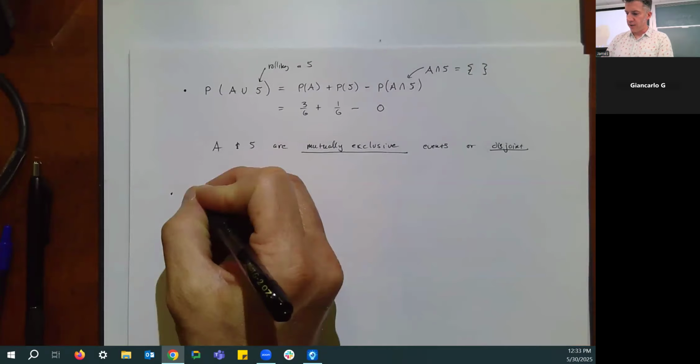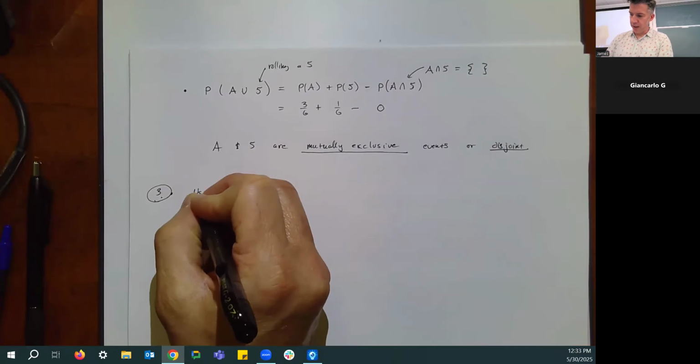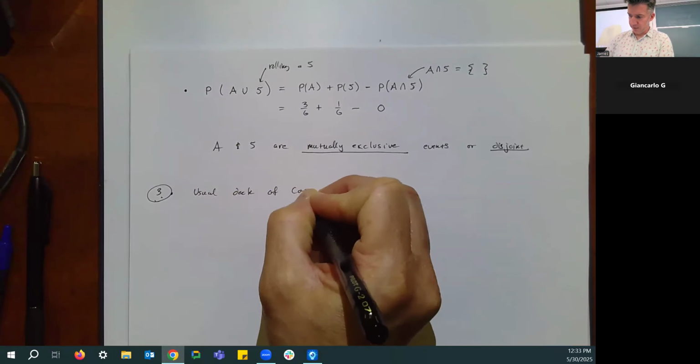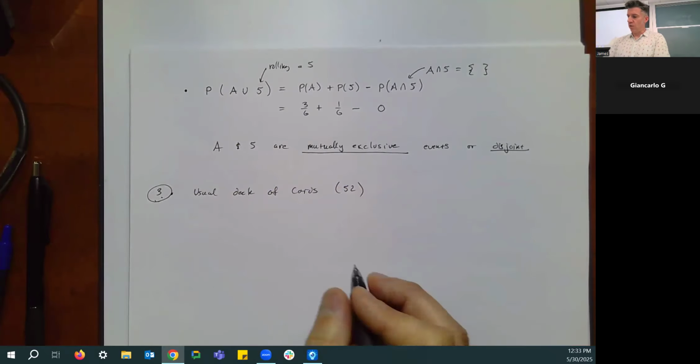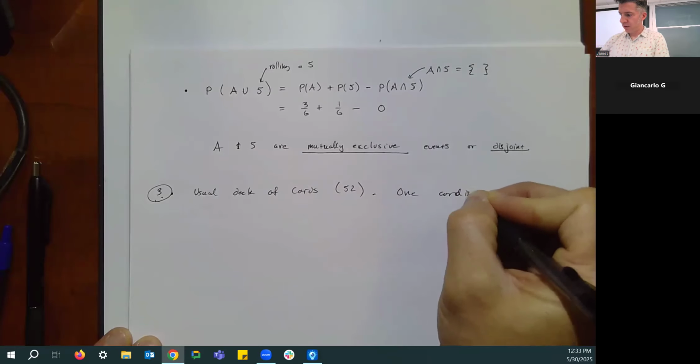So let's look at this. Typical deck of cards. Usual deck of cards. How many cards? 52. Okay, so one card is chosen.